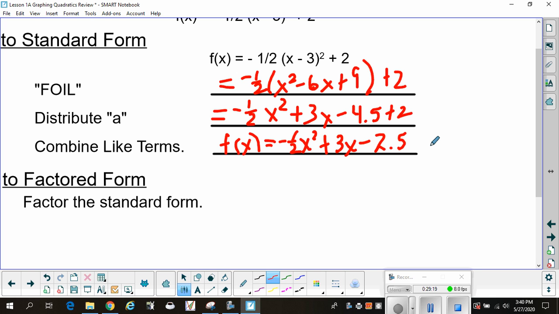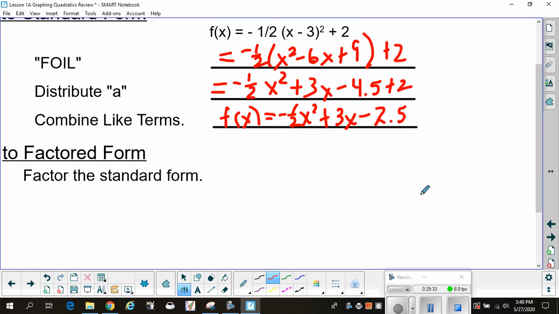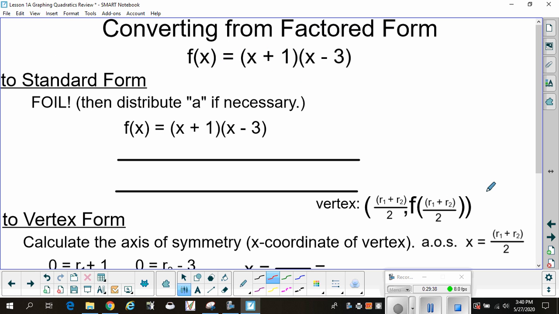That just really wouldn't make sense, because when we factor things, we factor over integers, not over fractions. So this is the standard form. If I ask you to go to factored form, it's going to be something that factors nicely.